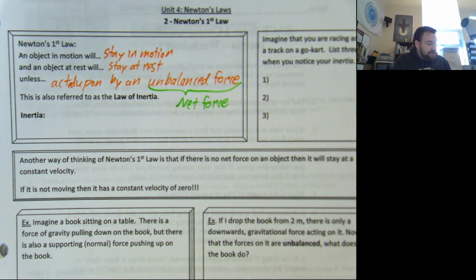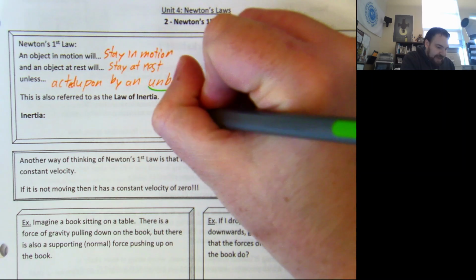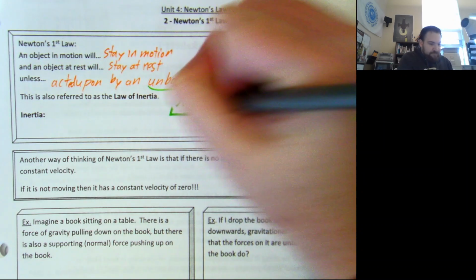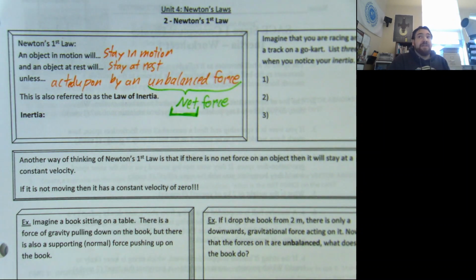Sometimes that is how this is referenced. This word net has a mathematical implication here. Does anyone know? Even in the context of taxation, this word net means kind of the same thing. Does anyone know what that word net implies?